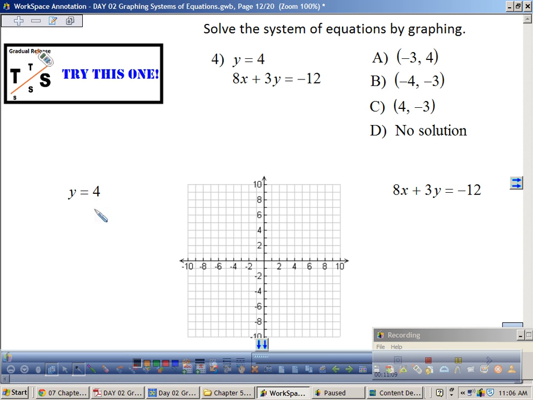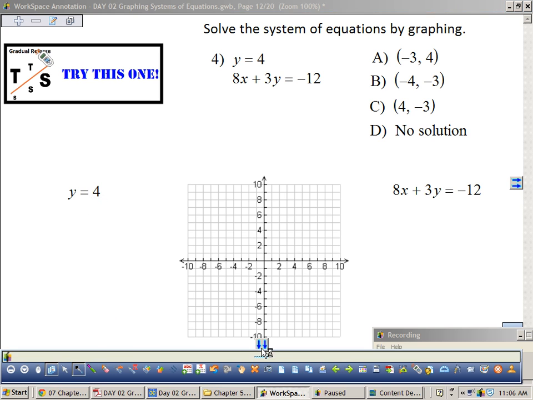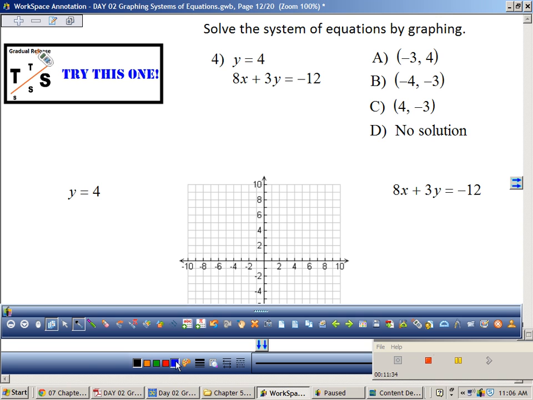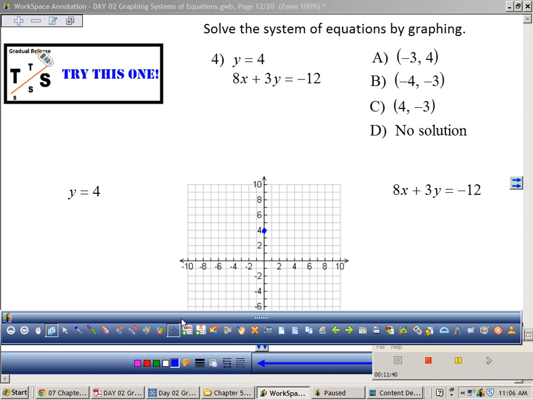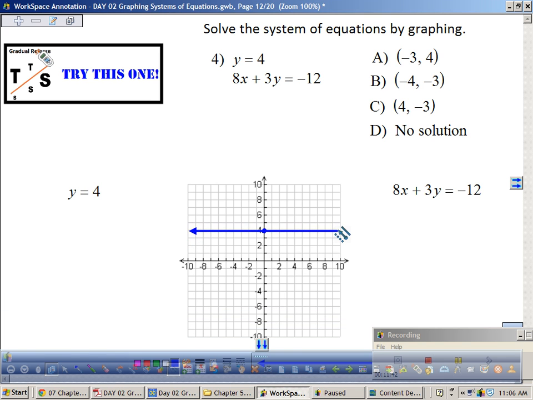So do I need to touch the x-axis? I'm talking about y. So where am I going to go? I'm going to go up to y, right here. And I'm going to graph it. Right there.